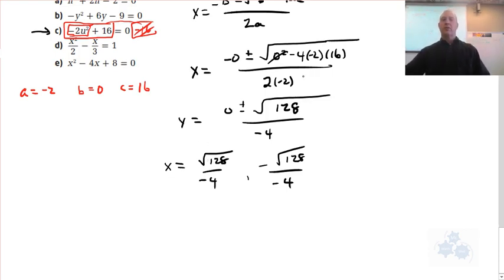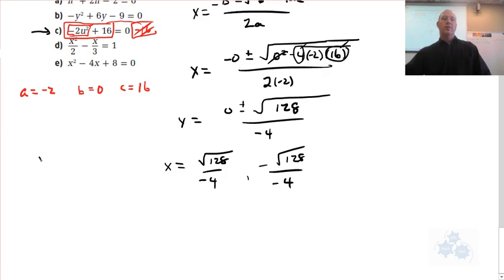So the perfect squares would be, well, look at this. We've got two perfect squares here, 16 and 4, right? So 16 is not going to be the largest perfect square, neither is 4. What's 4 times 16? 64. So we actually have 64 times 2, which is 128.